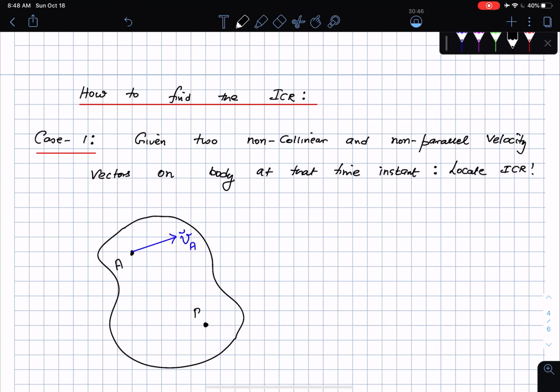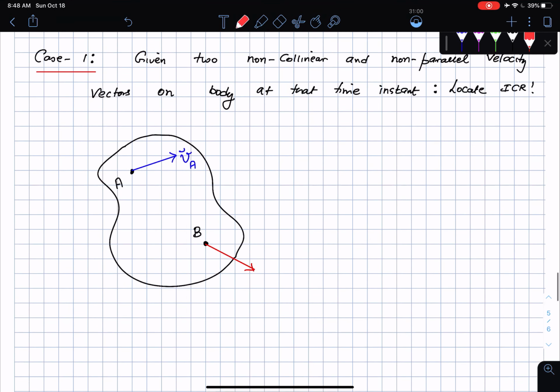This is point B, and the velocity of this point is given to me this way. So this is the velocity of B. Given VA and VB, locate the ICR. How do I do this?